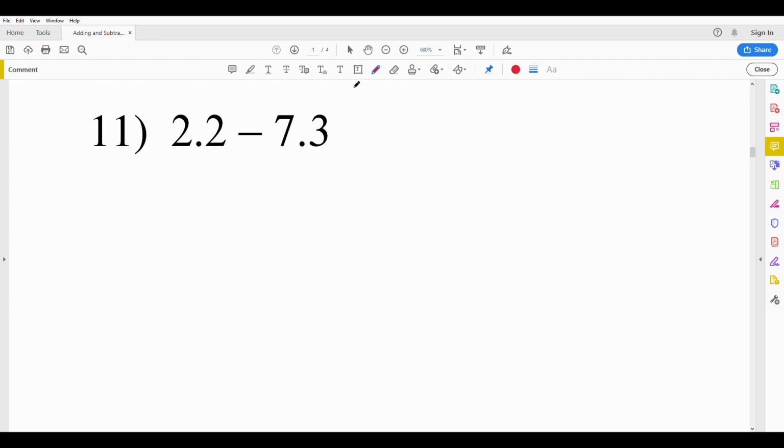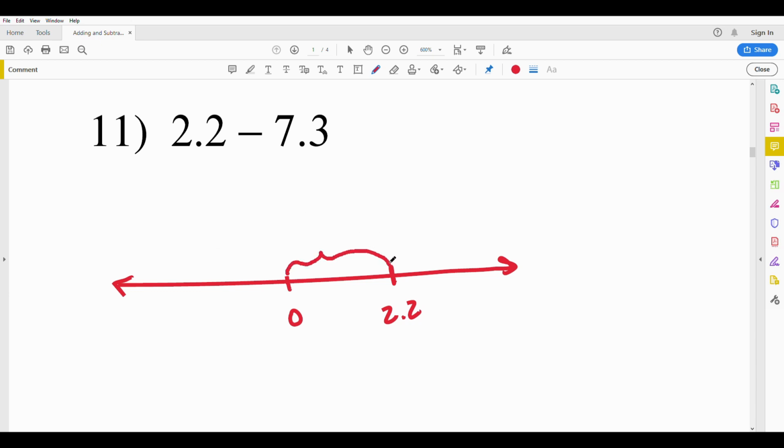So if we have 2.2 minus 7.3, we're starting in the positives on our number line at a positive 2.2. Here's 0 here, and we're going negative 7.3. So this distance is 2.2. So that's like going a distance of negative 2.2 if we made that jump all at once.